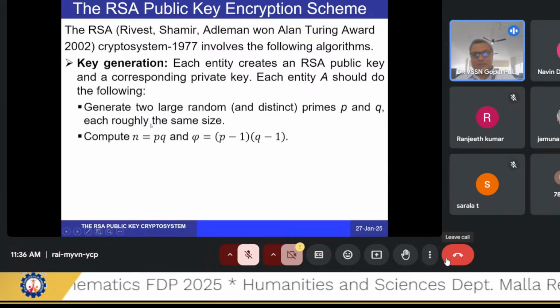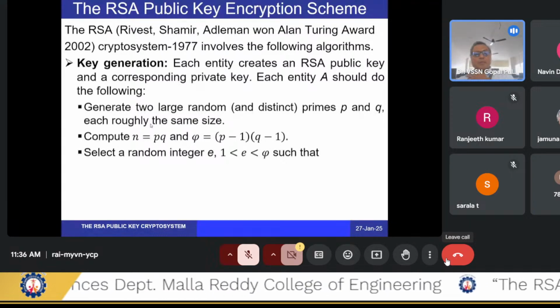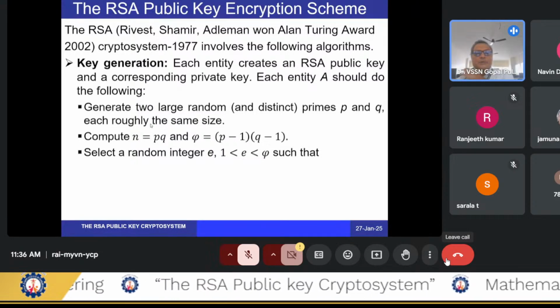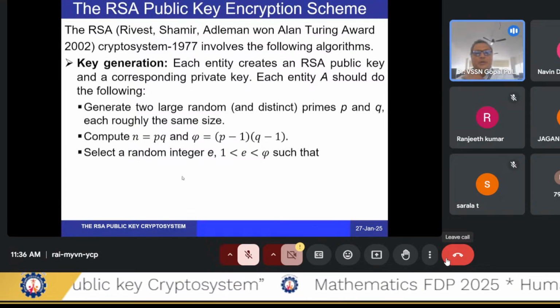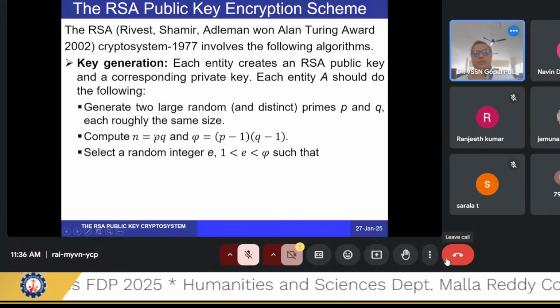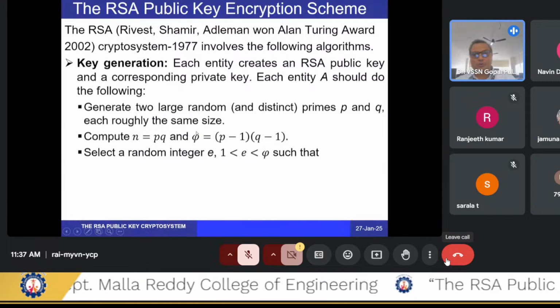What next does the entity do? It computes the product of the two primes, n equal to pq. Obviously, p and q being distinct primes, one can notice that phi of n will be (p minus 1) times (q minus 1).